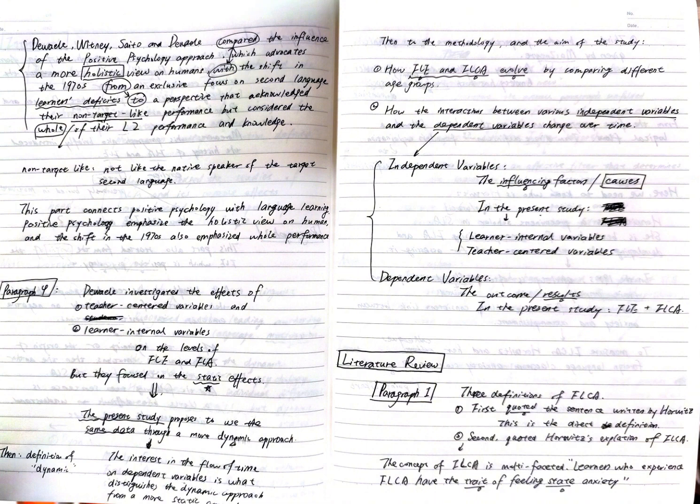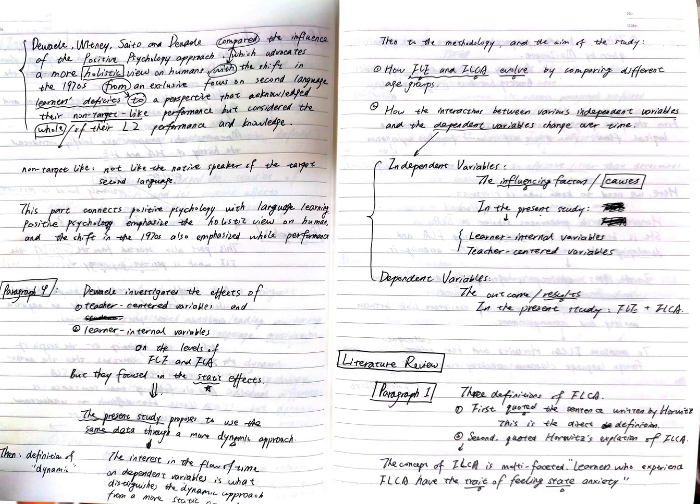In this paragraph, three different kinds of definitions are listed, but they are in a logic sequence. The first is the definition from the founder or the mother of this concept, Professor Horowitz.